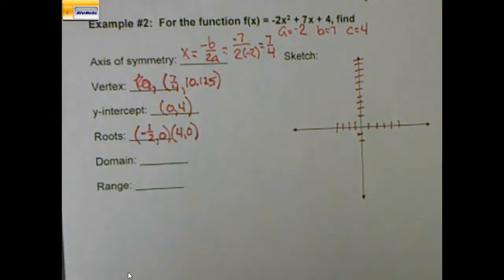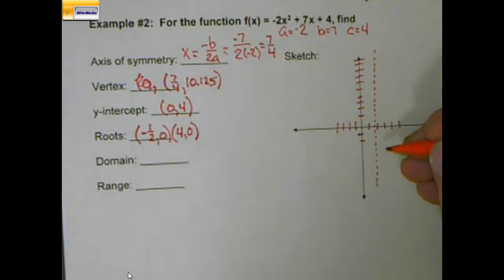All right. First thing we do, we know our axis of symmetry is 7 over 4, which is the same thing as 1 3/4 or 1.75. So we're going to go ahead and draw an axis of symmetry at that number.